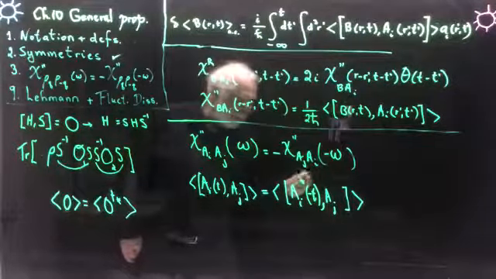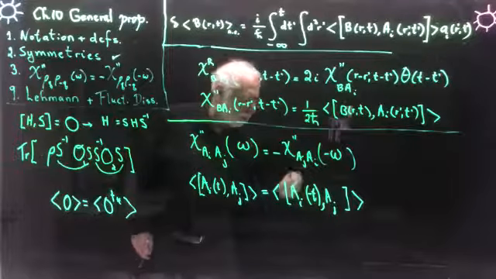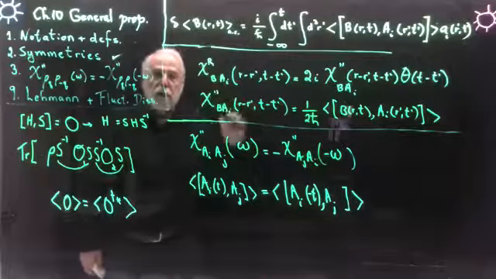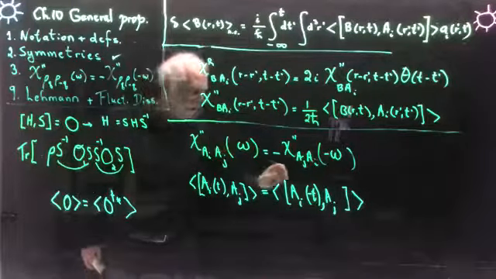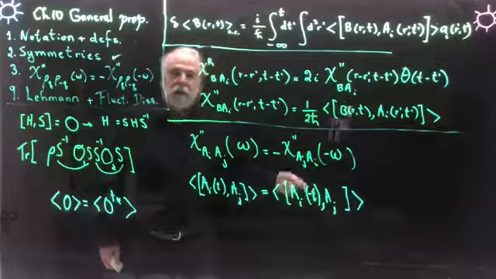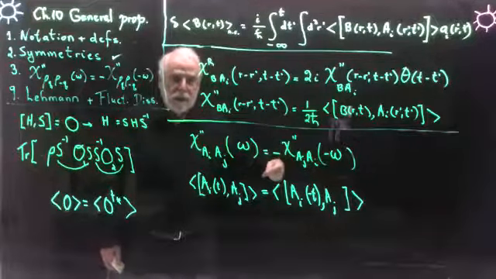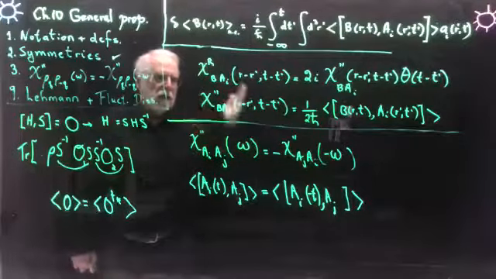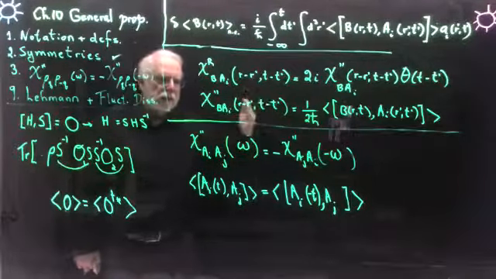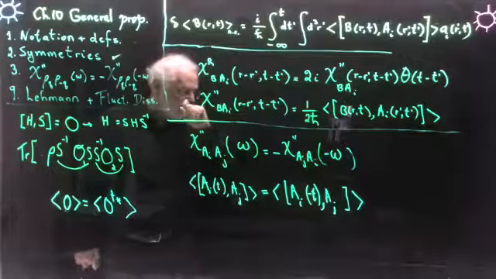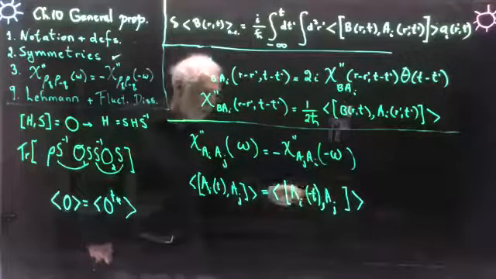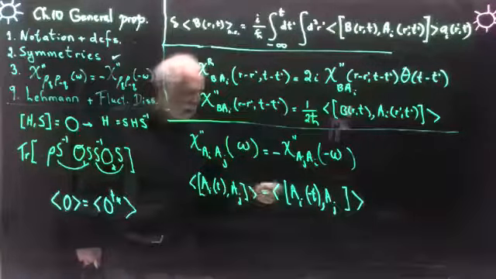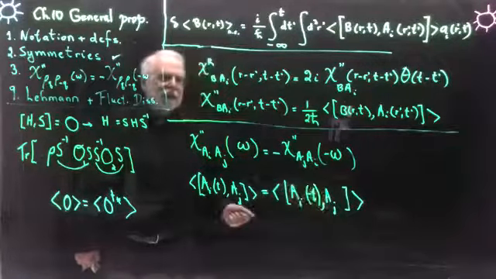So again, if it's density, then it's a real operator, so there's no star. But suppose I was computing a current correlation function. Then the current changes sign under time reversal. It's called the signature under time reversal. The current operator changes sign under time reversal, not the density. As long as I have two operators that have the same signature under time reversal, that would be satisfied.